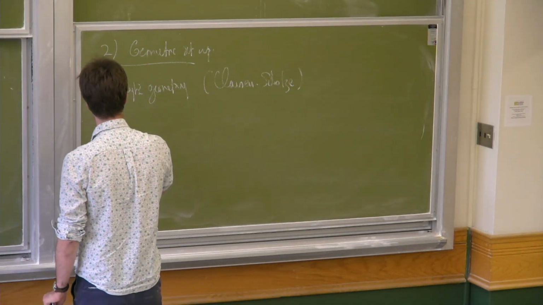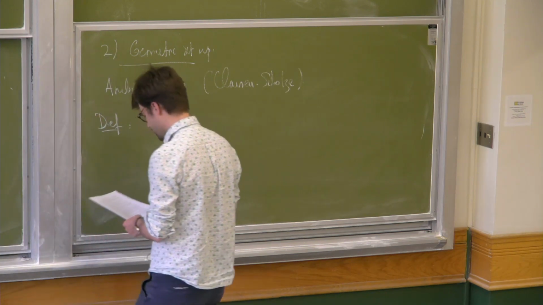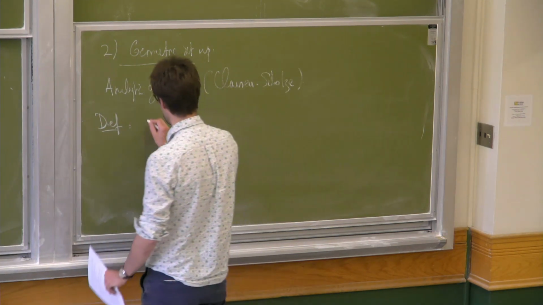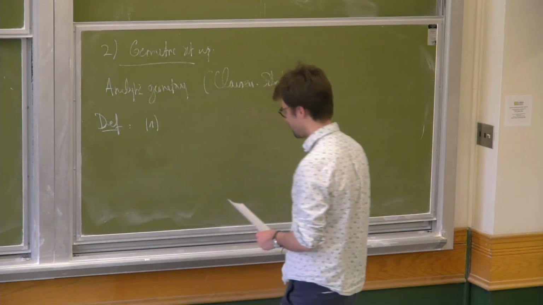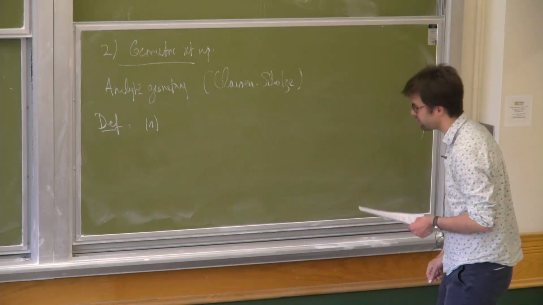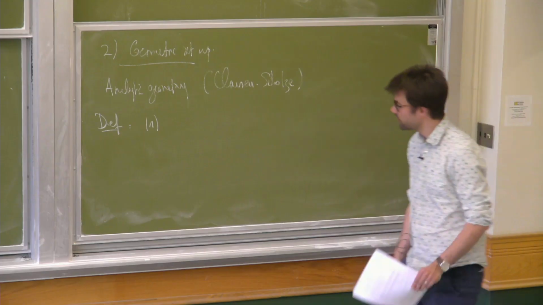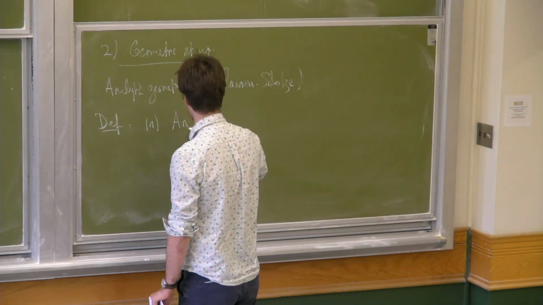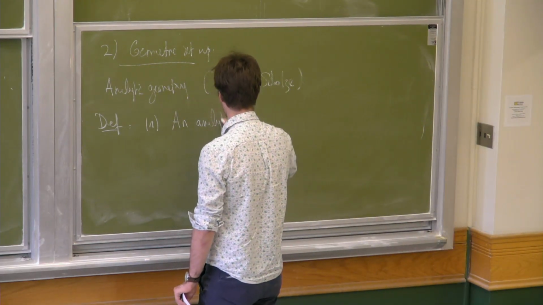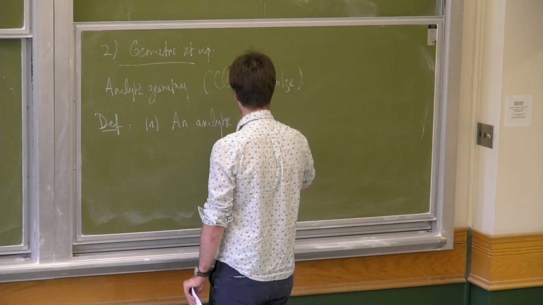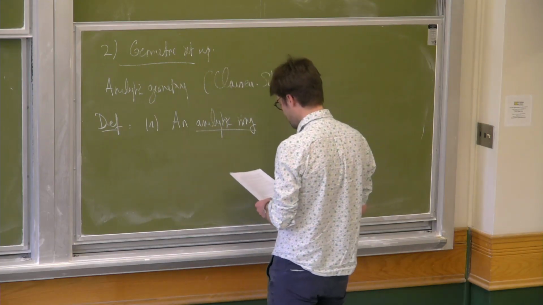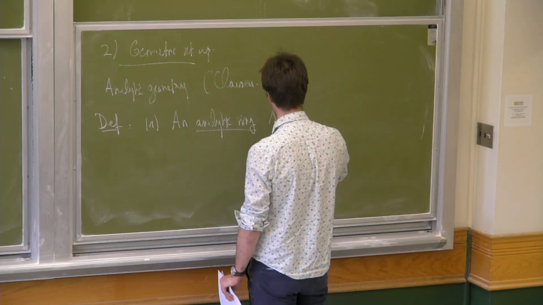Right. So for the first step, the key definition is the notion of an analytic ring, which is a correct notion of topological ring one has to work with. It's not just a topological ring.